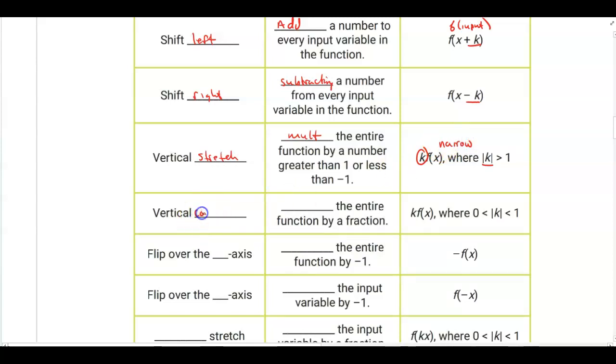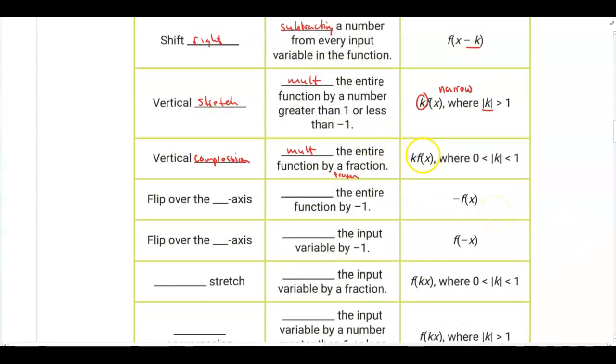When you have a vertical compression, meaning you are shrinking, you are multiplying the function by, now they say a fraction, I'm going to say a proper fraction, where the numerator is less than the denominator. So the number you're multiplying here would be something like 1/2, 3/4, where your numerator is smaller than your denominator. Or it's a number between 0 and 1. And what this does is it makes it wider.